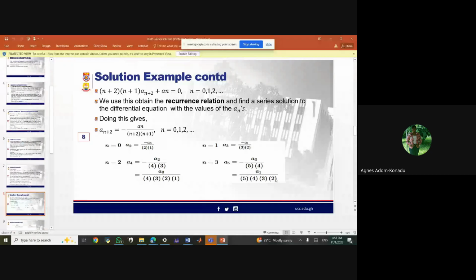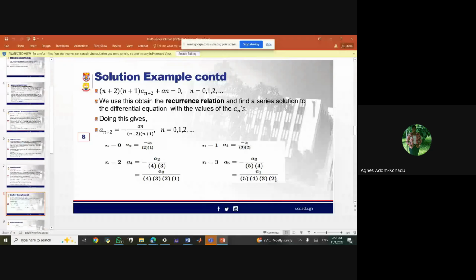You will see that when n equal to 4, I'm going to get a sub 6 divided by, and I'll have my expression.